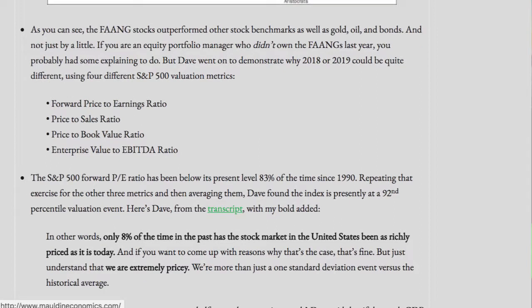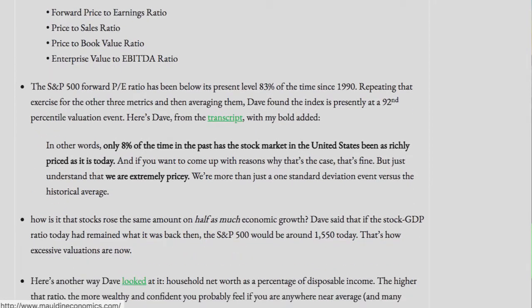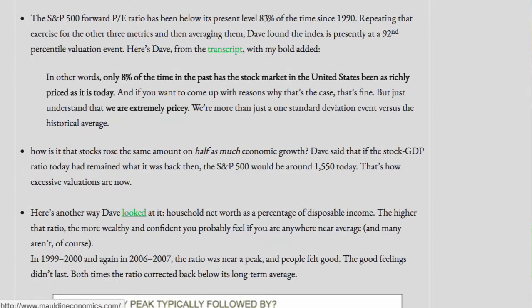The S&P 500 forward PE ratio has been below its present level 83% of the time since 1990. Repeating that exercise for the other 3 metrics and then averaging them, Dave found the index is presently at a 92nd percentile valuation event. Here's Dave from the transcript with my bold added.